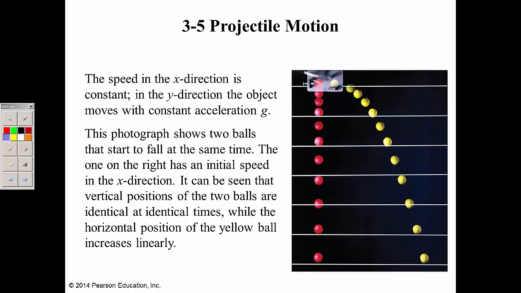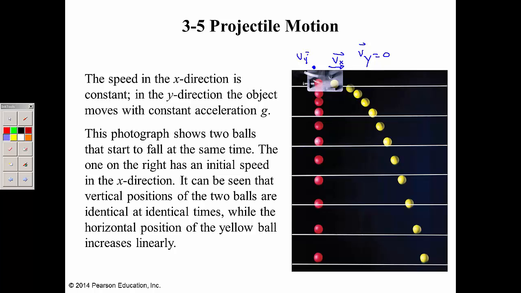Now, this image right here simply shows a graphic of what we talked about on the last slide, where we flick a ball off of the table. That's the yellow ball, and it initially has some x velocity, and it initially has no y velocity, and the red ball was simply dropped at the same exact time.